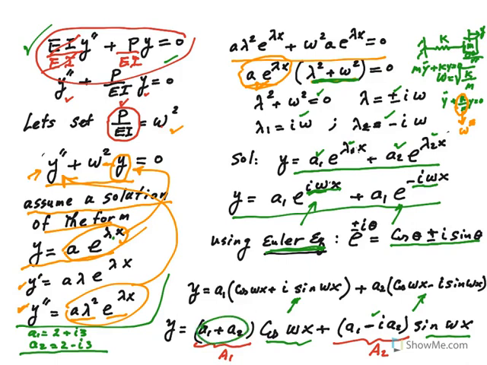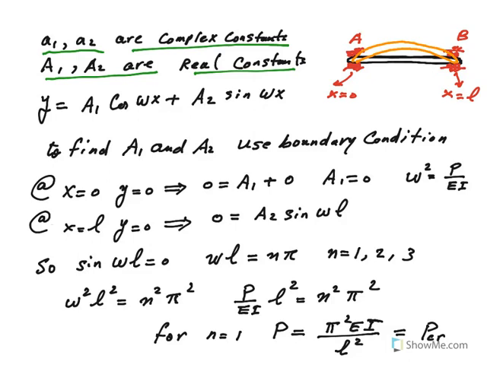I called it uppercase A1. If you add them, you see these two cancel, and A1 becomes 4. This is just an example with numbers. Similarly, if you try the other combination, it also becomes a real constant. So that was the idea of using the Euler equation.